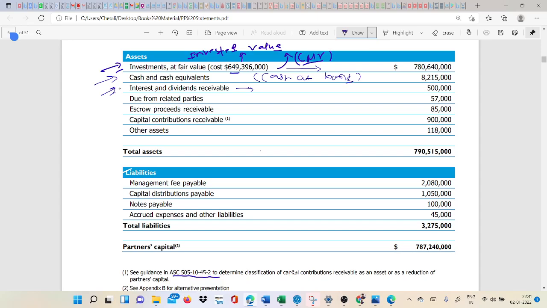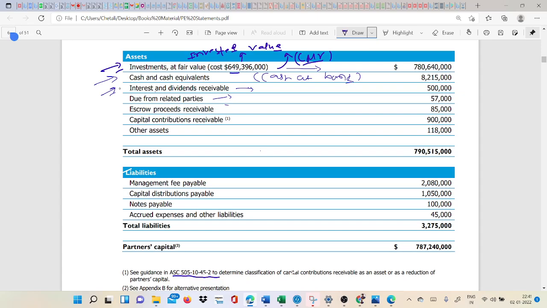Due from related party, so any amount can be due. Okay, any amount. So it's like the bills receivable, the current assets of the business, right? The same way here they have used the term due from related counterparties, escrow proceeds and receivables.